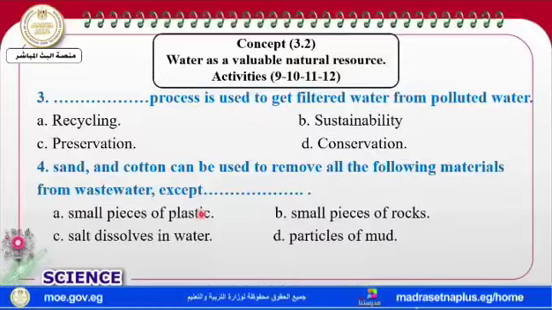The next one. Which process is used to get filtered water from polluted water? Now we will have filtered water from the source, which is called polluted water. Can we get the filtered water from the polluted by preservation?